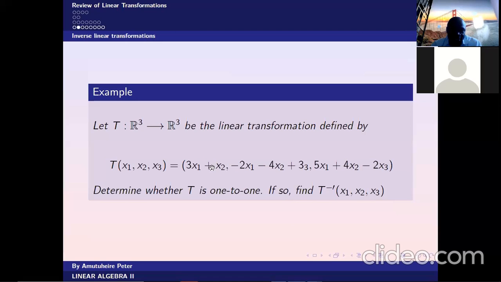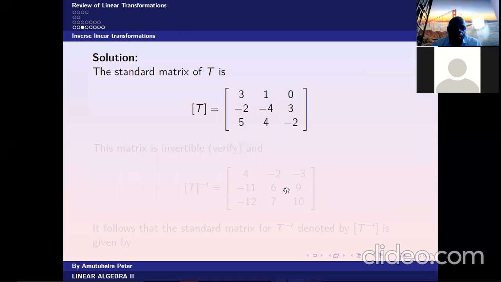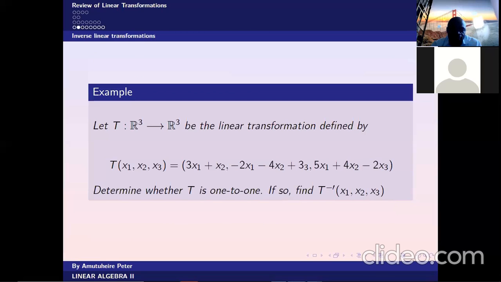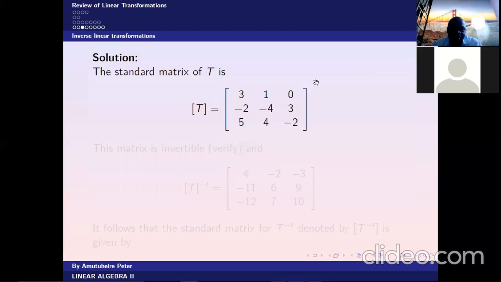From these vectors, like Dale said, we pick the standard matrix for this transformation. So here we form these as equations. This is 3, 1, 0. So we pick the coefficient matrix for those equations.